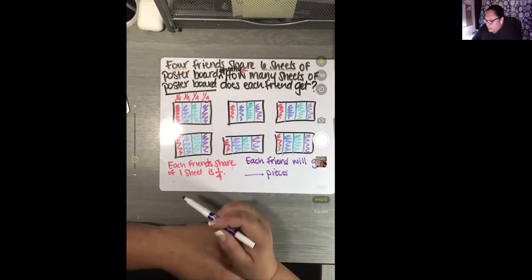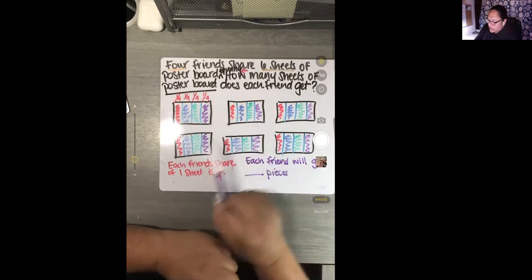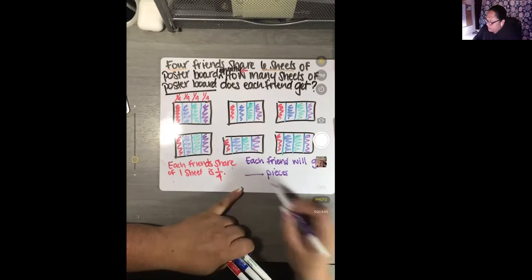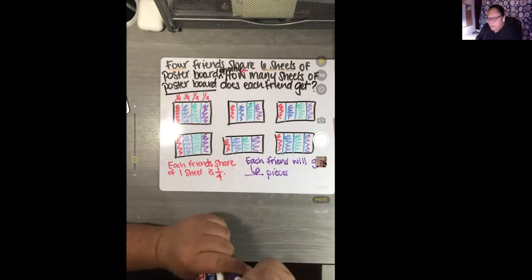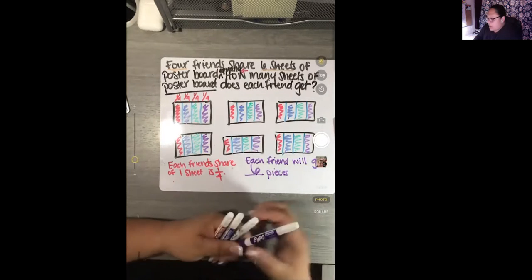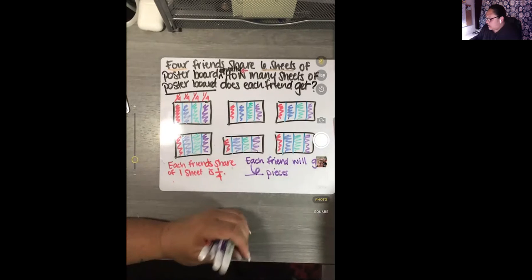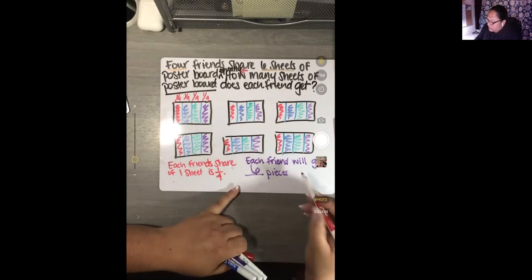If I just count all the red ones, all the red is going to have 1, 2, 3, 4, 5, 6. So each friend will have 6 pieces of fourths. Wow. Because each one of these is cut up into 4 pieces.